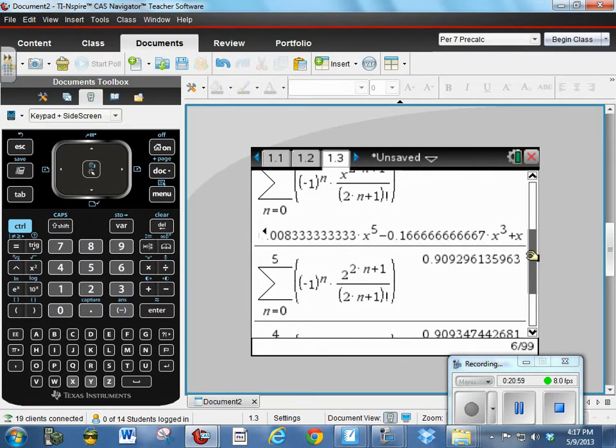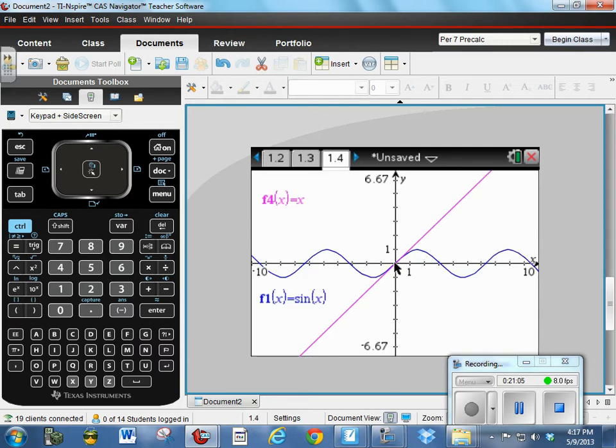Why did it take more terms this time? Let's take a look at our graph here. I've got a graph of sine of x. When I put in just x, notice that's why I got a pretty close approximation for sine of 0.2, because it really looks close to what the sine graph looks like close to the origin.